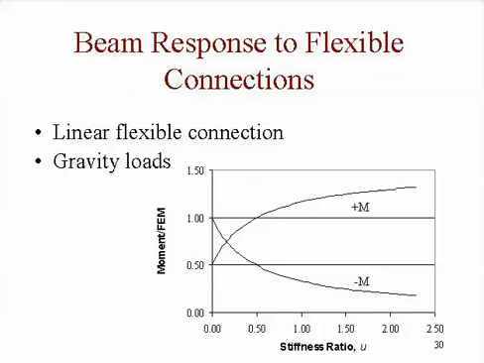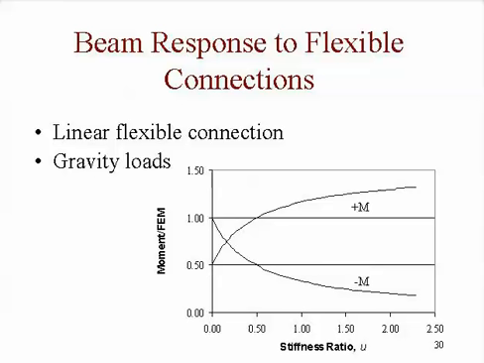And if you look at that, the plastic mechanism for the beam, which again gives you the best possibility for the beam, puts WL squared over 16 at each end, and WL squared over 16 at the center line, and you end up with a collapse mechanism. Okay, so you could get at that same conclusion a number of different ways. So no matter what we do with a connection, if it's a linear connection, that's what we're going to work with.